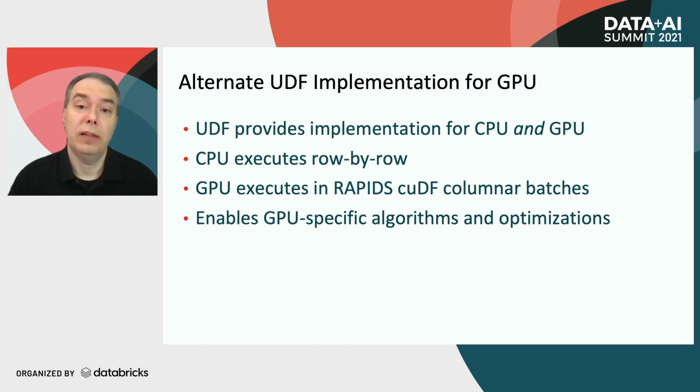And this allows you to do GPU-specific algorithms and optimizations that you otherwise normally would not be able to do with just a CPU implementation. You can not only avoid the column to row transitions, but you could also possibly significantly speed up your UDF using the power of GPUs.